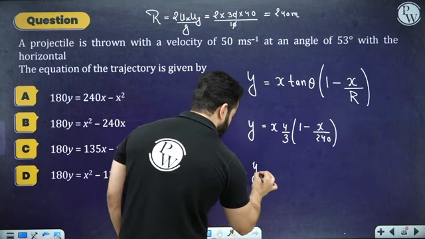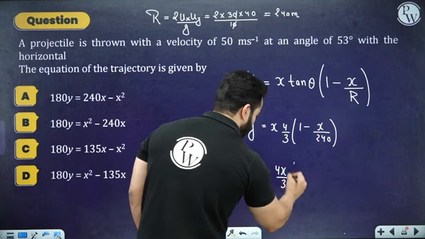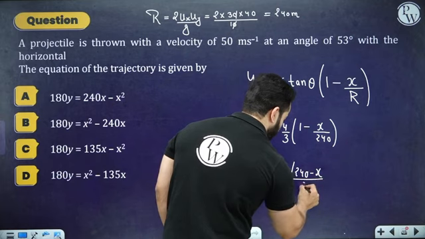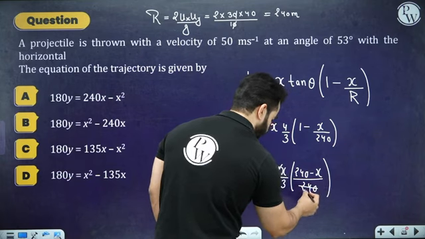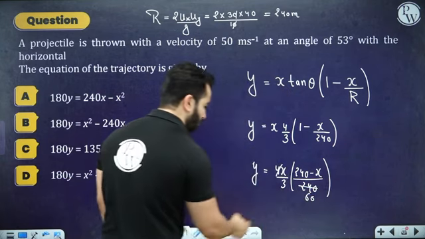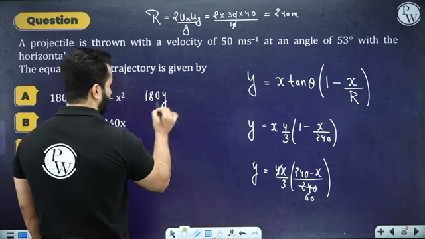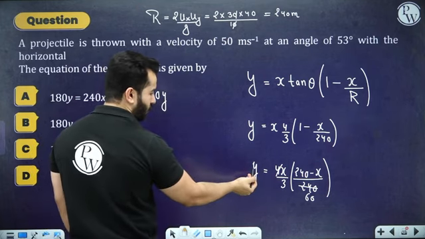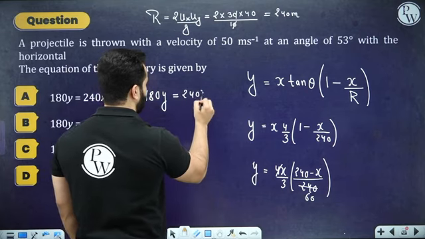So this is going to be y equals 4x by 3, times 240 minus x divided by 240. So I can rewrite this thing as, obviously this thing will be 60. So this thing will be 180, and this is going to be 180 y, right? 3 times 60 is 180, and that would be 240 x minus x square.